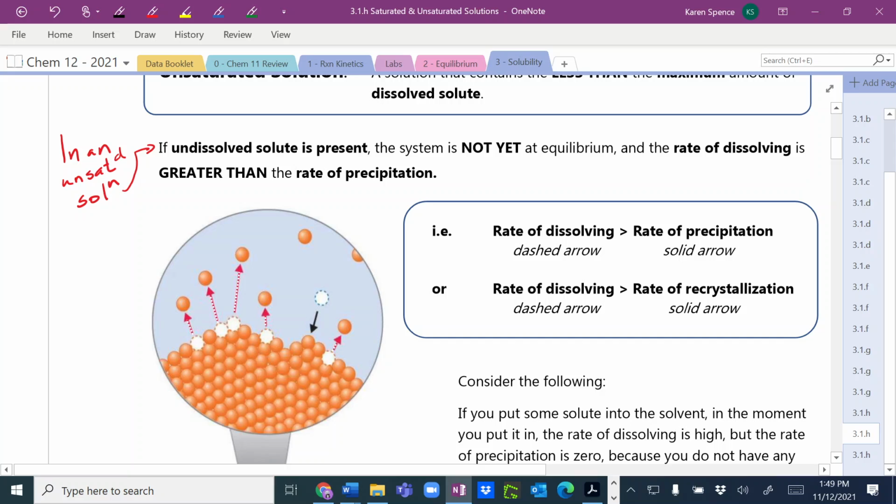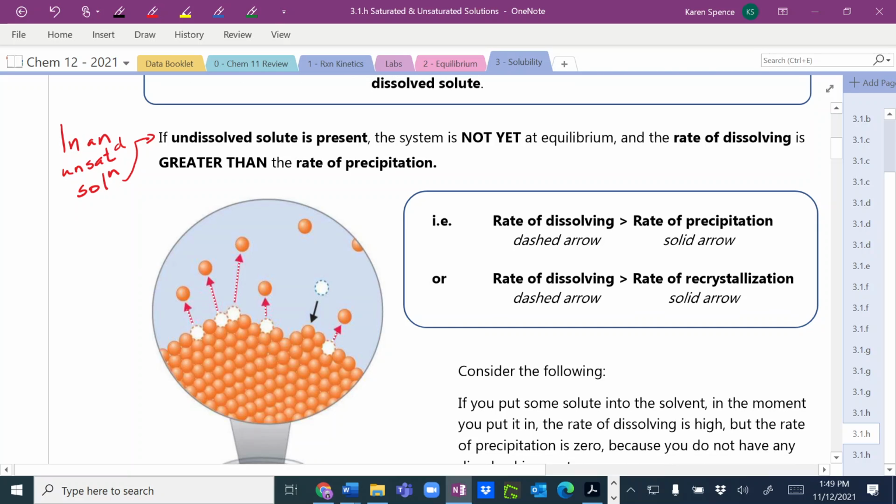But if we're going to go from a whole bunch of solid to a little bit of solid, the rate of dissolving has to be faster than the rate of recrystallization.